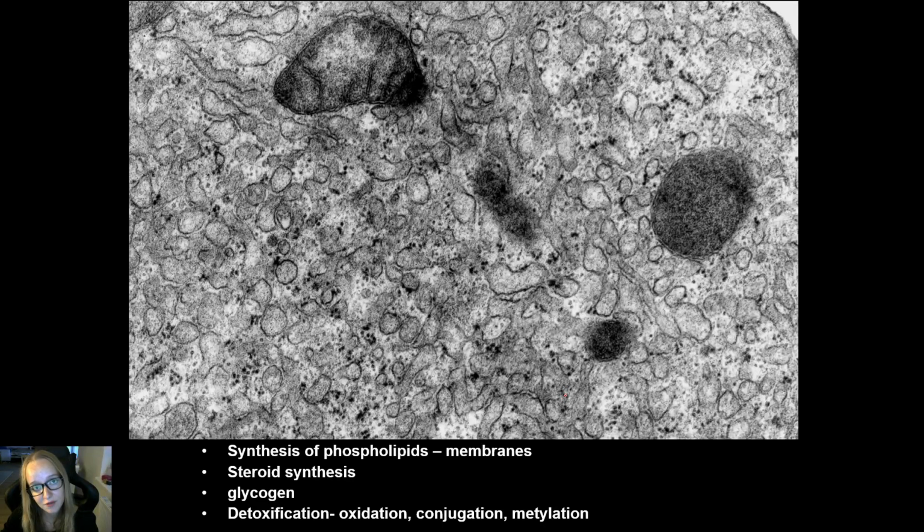And why do we have smooth endoplasmic reticulum? This is a picture from an electron microscope, and these round oval things, cross sections of the tubules, are the smooth endoplasmic reticulum. So this is the smooth endoplasmic reticulum right here.